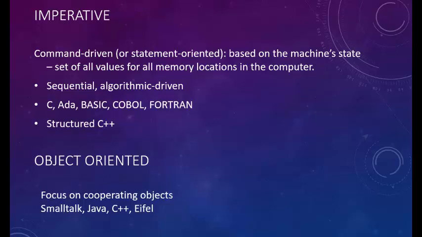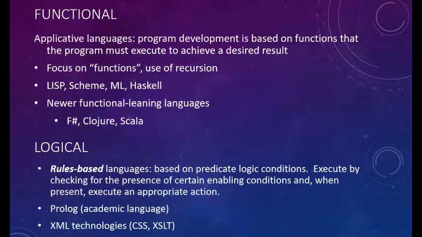A program consists of a sequence of statements, and the execution of each statement causes the computer to change the value of one or more locations in its memory. That is, to enter a new state. The functional style takes a different approach. It is more abstract and is not tied to the von Neumann architecture.